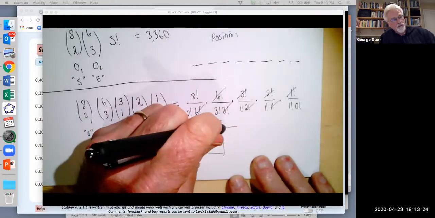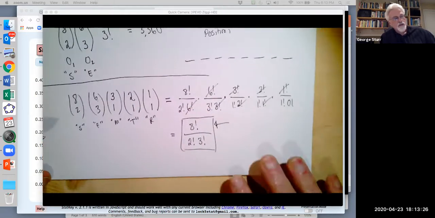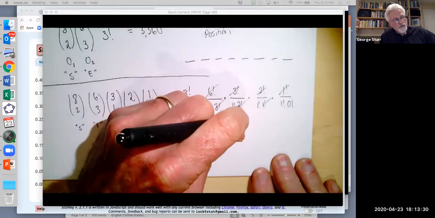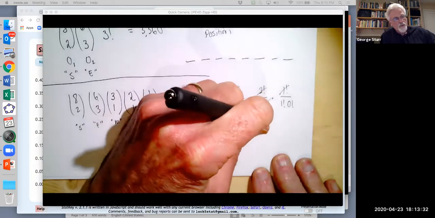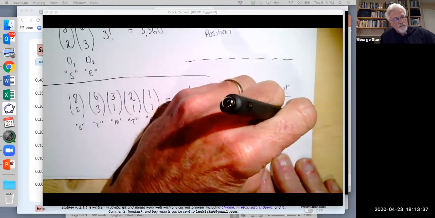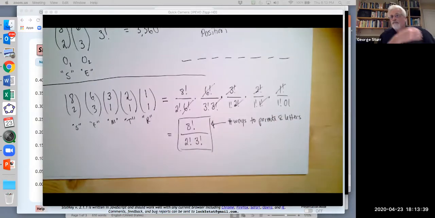What's up here is the number of ways to permute 8 letters, no matter what, whether there's repeats or not. Suppose they were all different. Or I thought of them as little tiles in a Scrabble set, and then the 3 E's were different somehow.